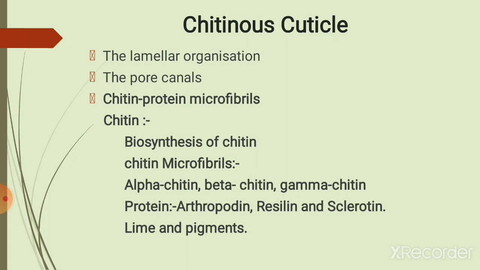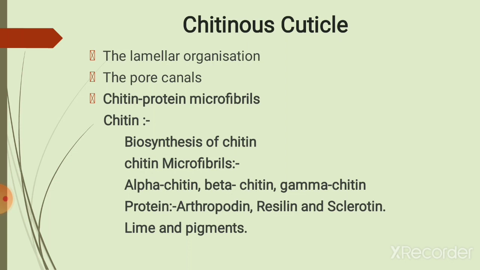Molecular hydrogen bonds between the successive chains form an intramolecular hydrogen bond with the carbonyl group of the next residue. The exoskeleton is almost entirely composed of alpha chitin fibrils.